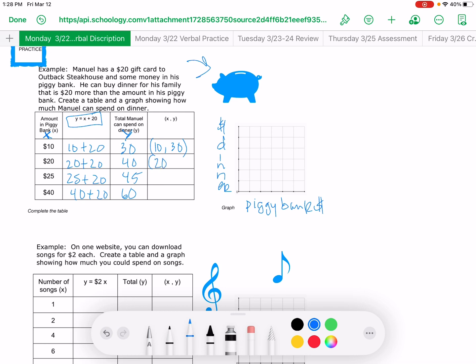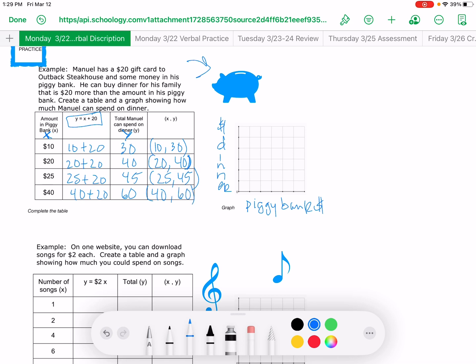My x is 20, a comma, my y is 40, and then close parentheses. Tomorrow we're going to do an activity where you're going to plug this into Desmos, a graphing calculator, and you're going to need the parentheses. Okay, next ordered pair. Parentheses, 25 is my x and 45 is my y. 40 is my x and 60 is my y.